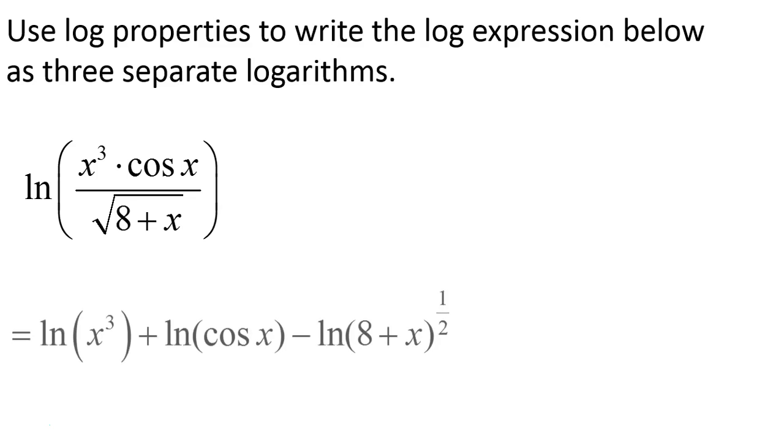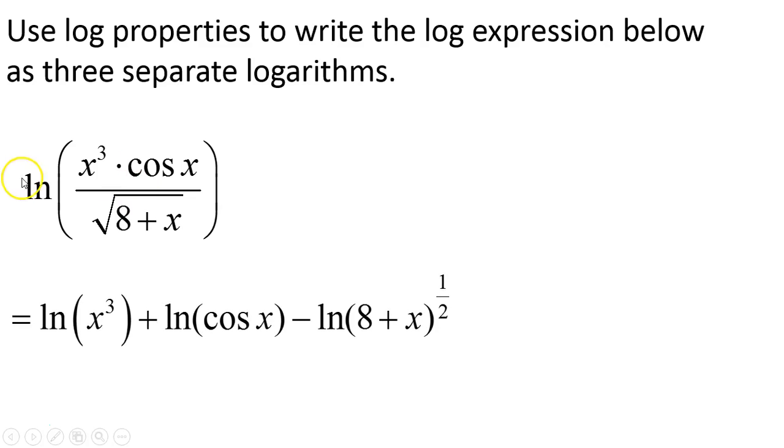again, I'm going to start off using my log properties. I have a natural log, which is the log with a base of e. All three quantities have that same base of e. So I'm multiplying. So when do I multiply? When I multiply, I add powers.